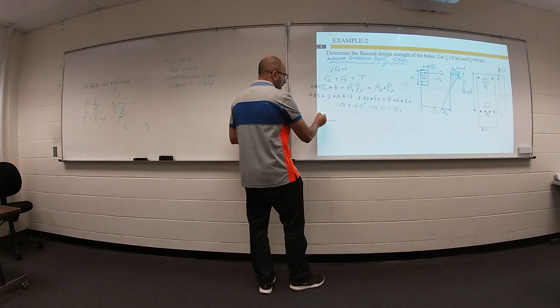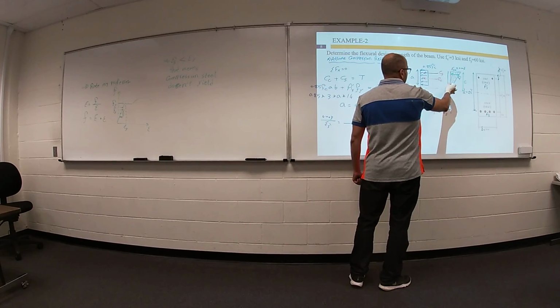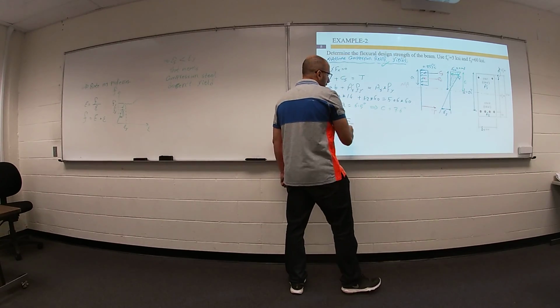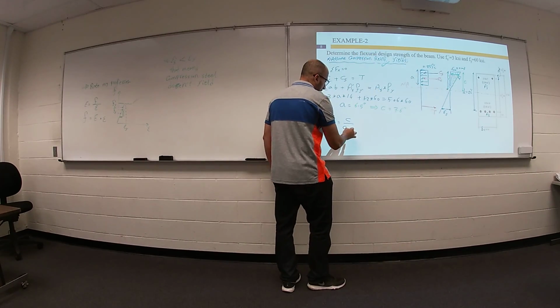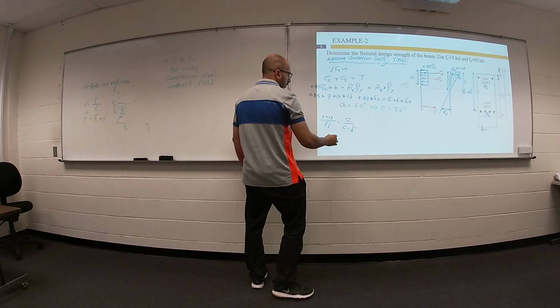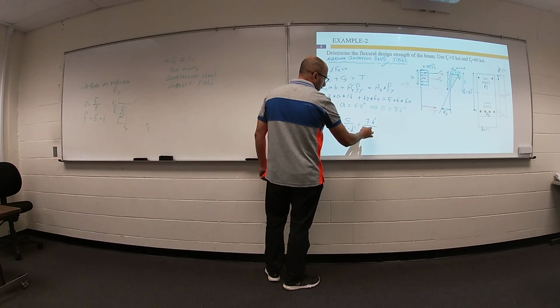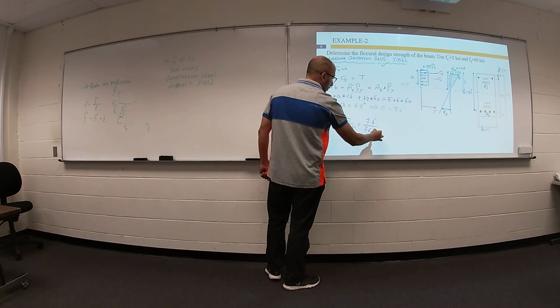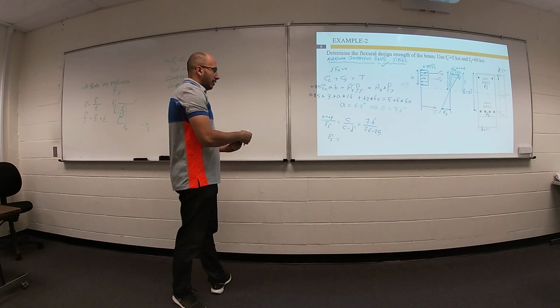So 0.003 divided by epsilon steel prime equals the total distance c divided by this little distance, c minus d bar. So c 7.6 divided by 7.6 minus d bar 2.5. The only unknown in this equation is epsilon steel prime.